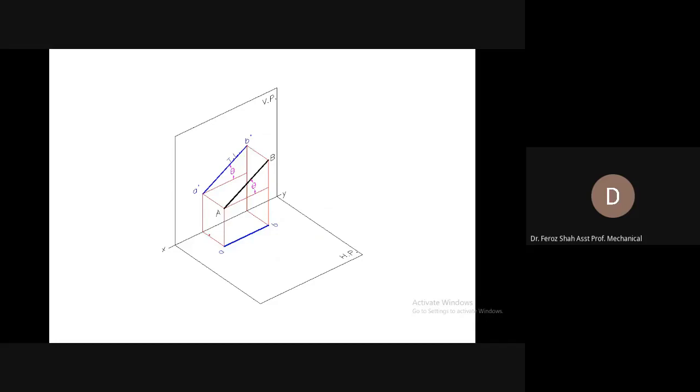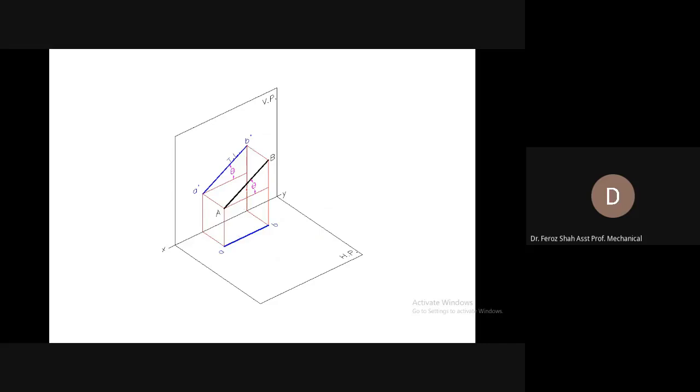You can see that the distances of the ends in the top view from the XY reference line are the same, meaning that the top view is parallel to the XY reference line.